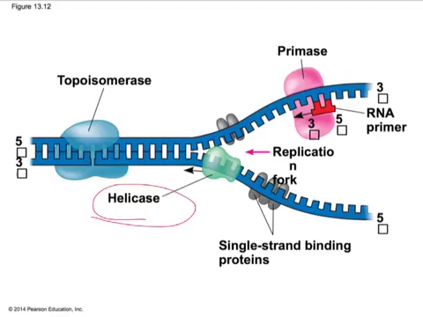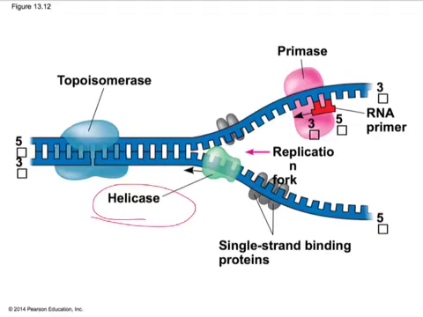All right? DNA does not like and is not usually found in that structure. Okay? And in order for replication to occur, DNA has to stay in a single strand formation.